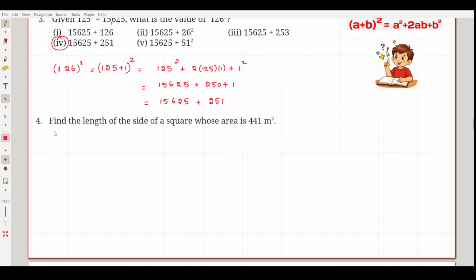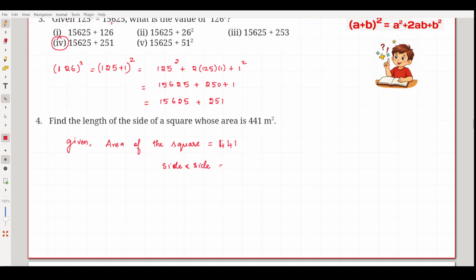In the question, the area of the square is equal to 441 meter square. We know the formula for the area of the square: area of the square is side into side.